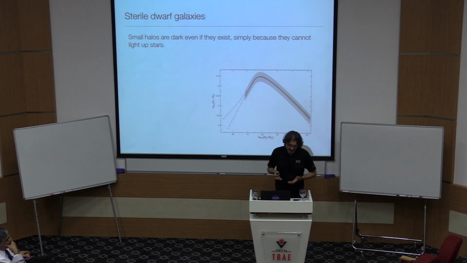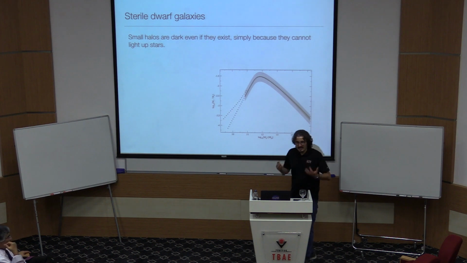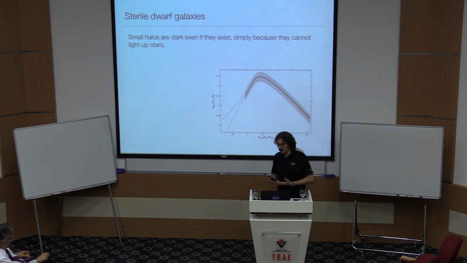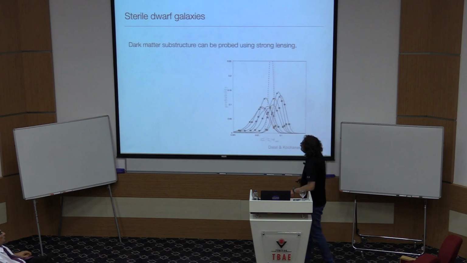So in that sense, the star formation is said to be quenched in those very small mass halos. Even though they exist, they should not be containing stars. So we don't expect them to contain stars. That is a theoretical expectation that comes from stellar formation models.